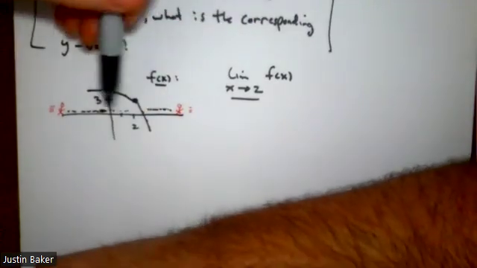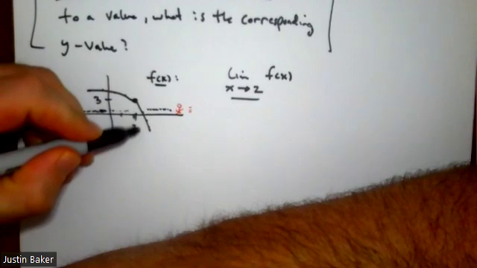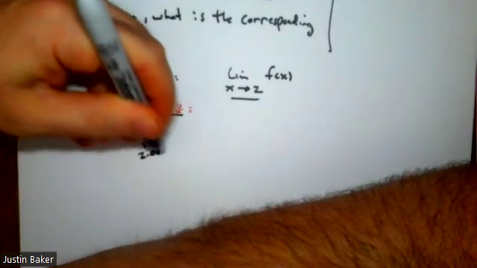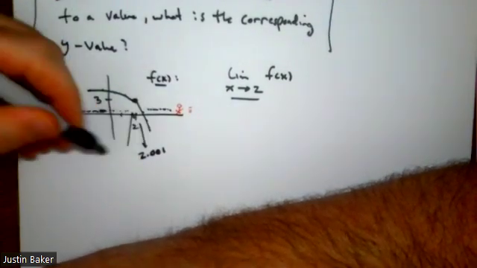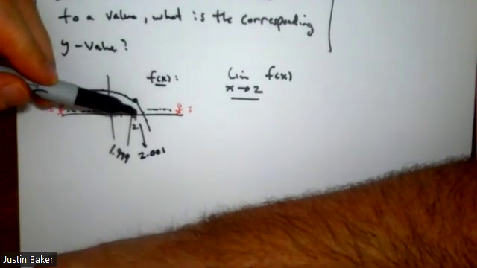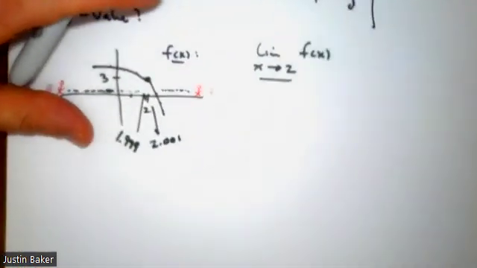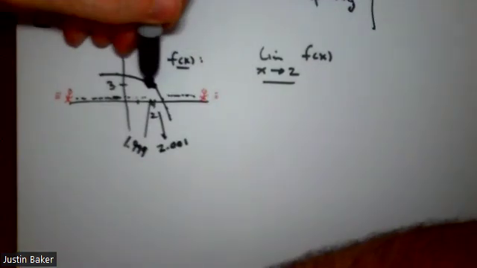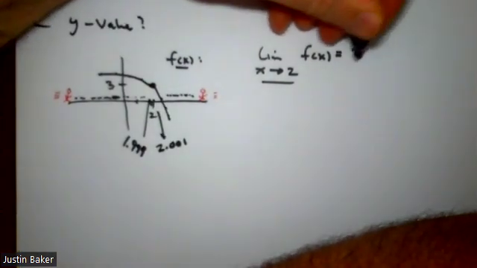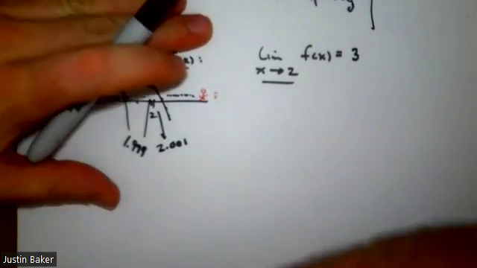So as these two guys get extremely close to the number 2, like 2.001 and 1.999, whatever super close means to you, hopefully it makes sense that their corresponding y value would be tied in to the number 3. So for that reason, we would say the limit as x approaches 2 is equal to 3. As x gets very close to a value, what is the corresponding y value?